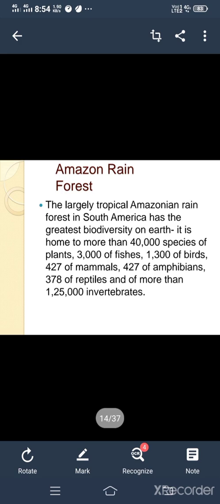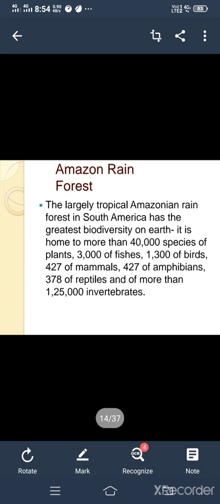It has 40,000 species of plants, 3,000 species of fishes, 1,300 birds, 427 mammals, 427 amphibians, 378 reptiles, and more than 125,000 invertebrates. This is the number of organisms present in the Amazon rainforest.